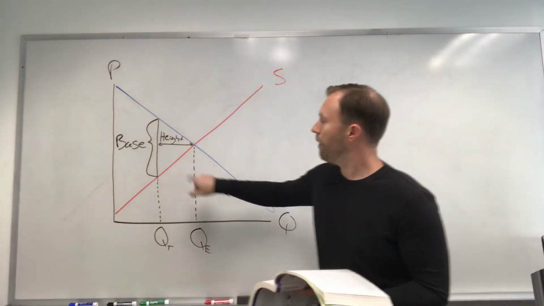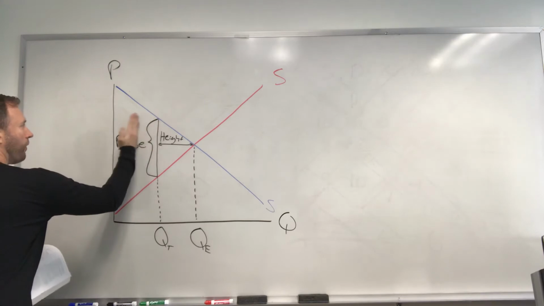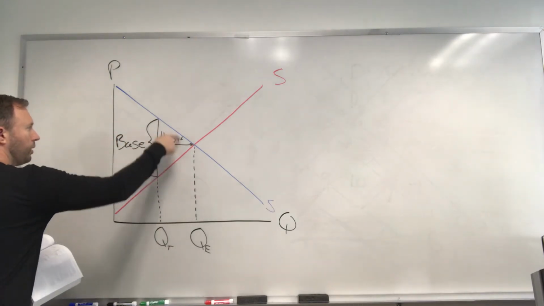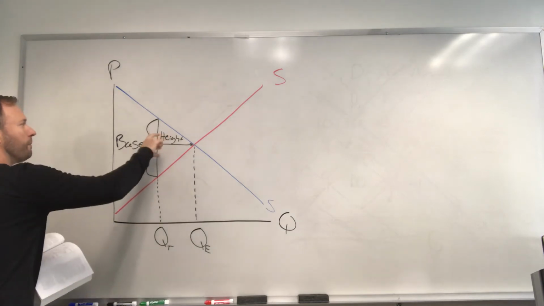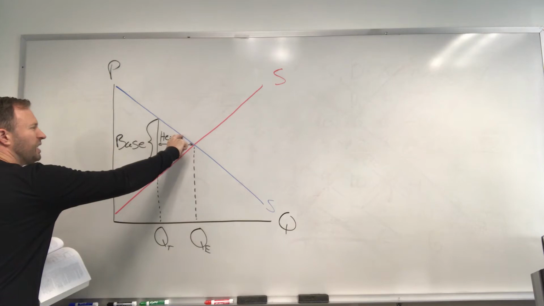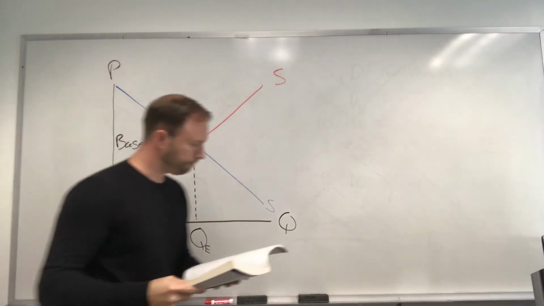And that makes sense because the taller this tax wedge is, the farther away from equilibrium you're going to be, and so the bigger this deadweight loss triangle is. If you cut the tax to a smaller amount, you'd have a smaller deadweight loss triangle.